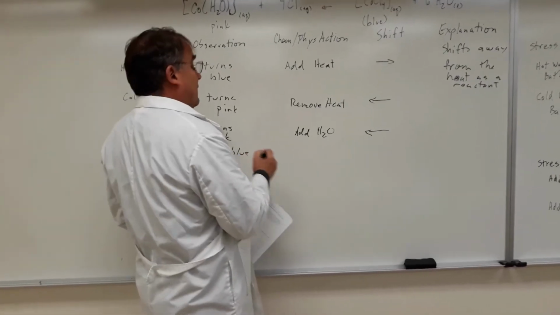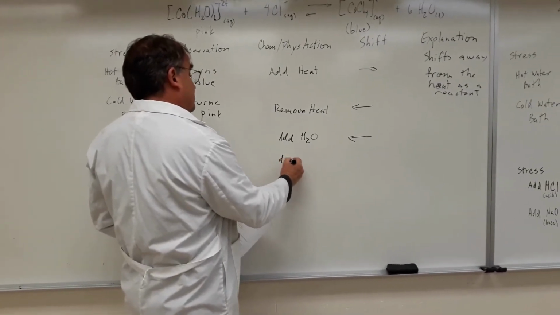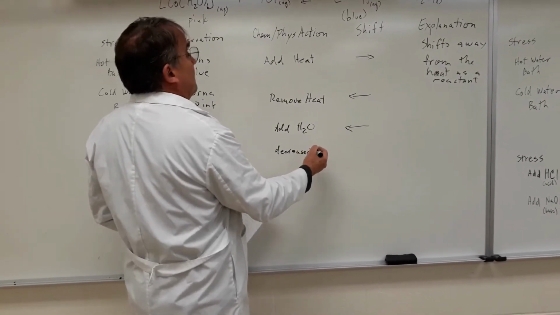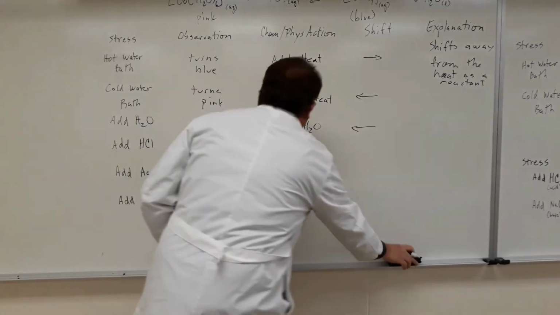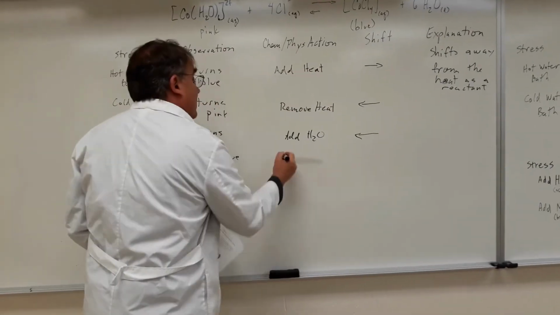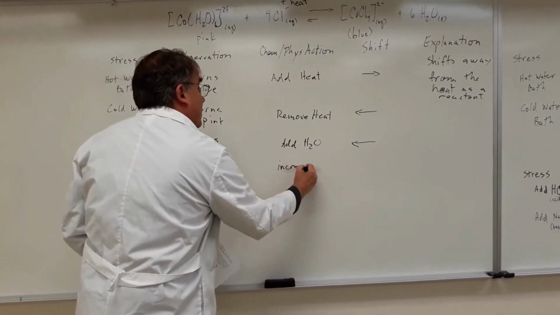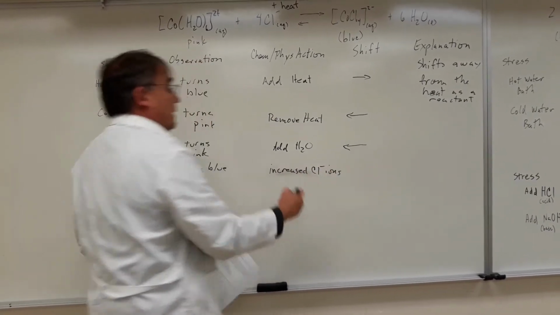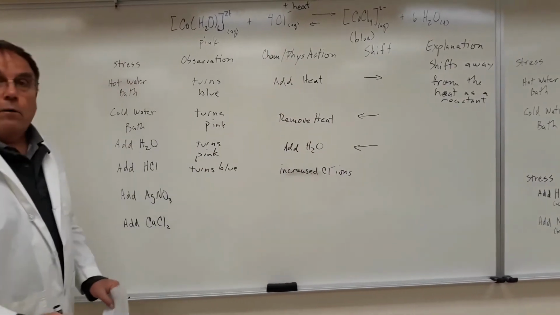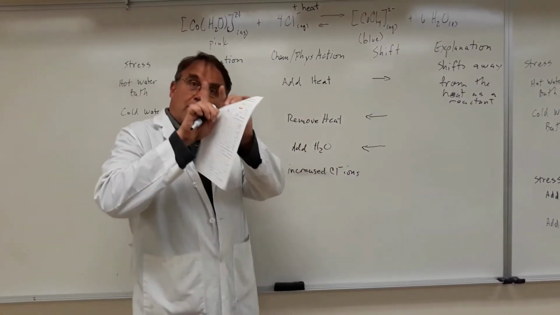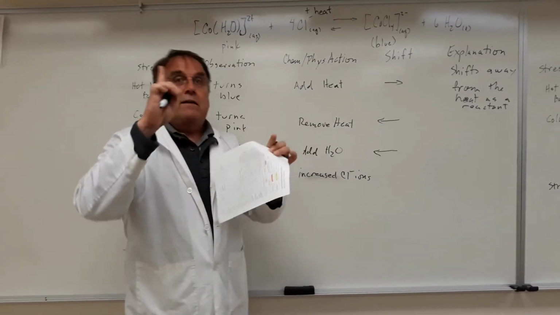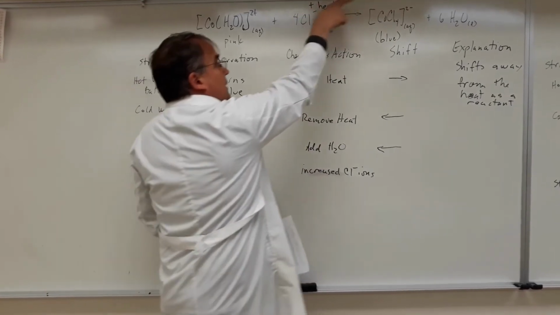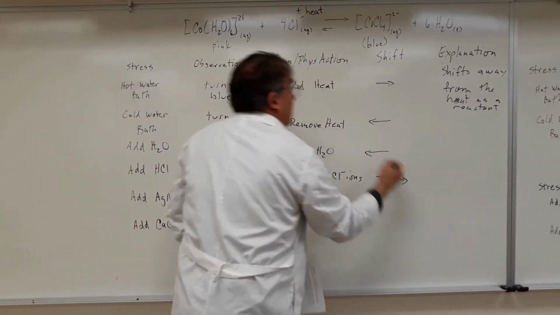Well, the net effect is that we increased Cl minus ion. When hydrochloric acid is in solution, it completely dissociates, giving hydrogen ion and chloride ion. So with the excess chloride ion, shift is this way, towards the blue.